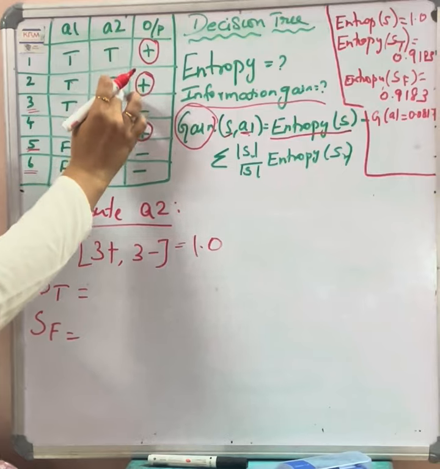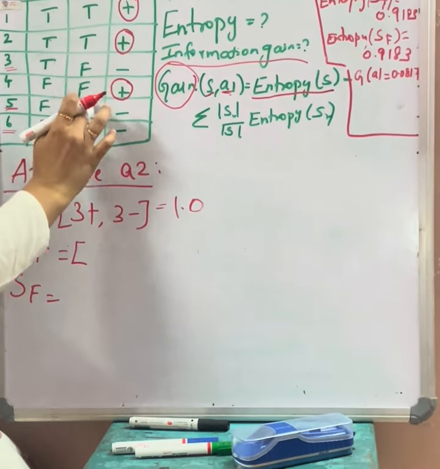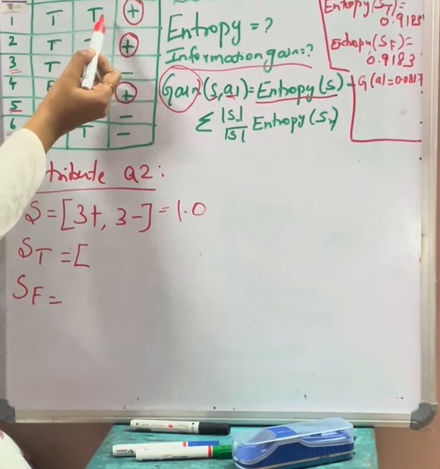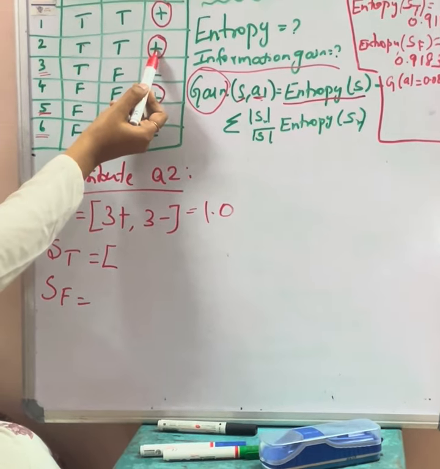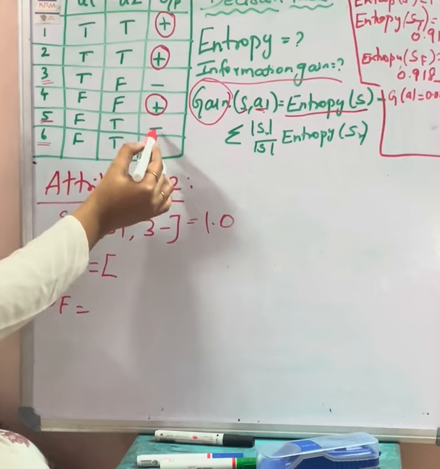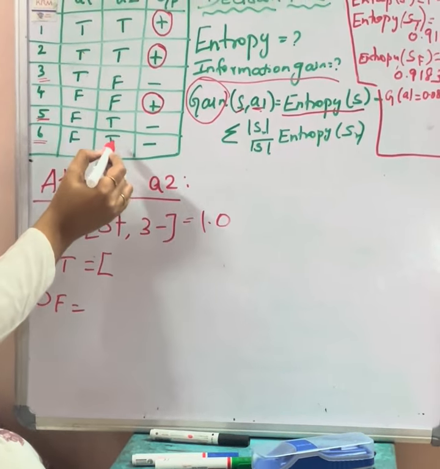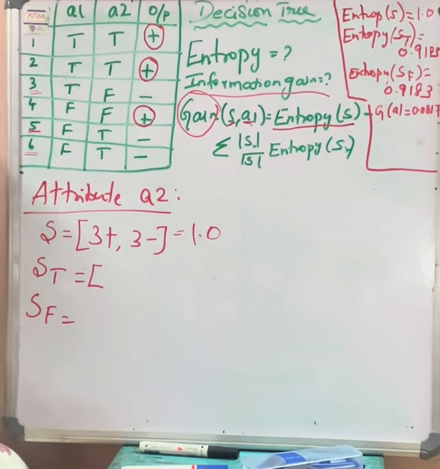If I consider T, you have to find how many positive contributions there are for T samples in A2. For the first in A2, it is a positive contribution, and for the second true value it is a positive contribution, and for the fifth true value I have negative here. For the sixth sample, the true value of A2 is negatively contributing to the outcome.